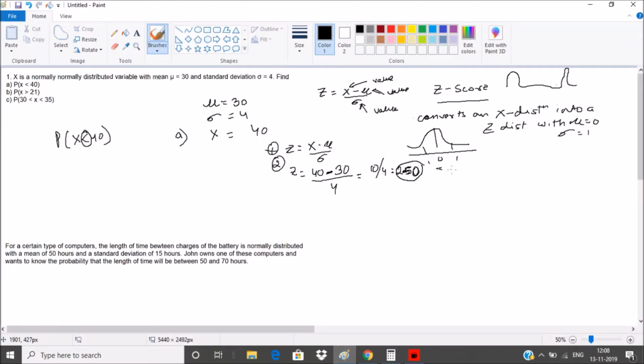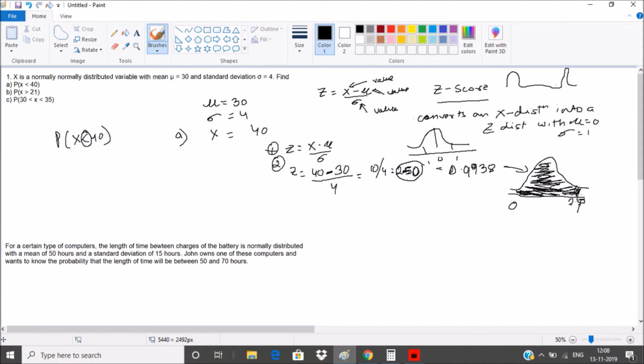Now if you remember, probabilities can only be between a value of 0 and 1, and for a z-score of 2.5, the probability associated, which is the probability shown on the left, is a value of 0.9938.